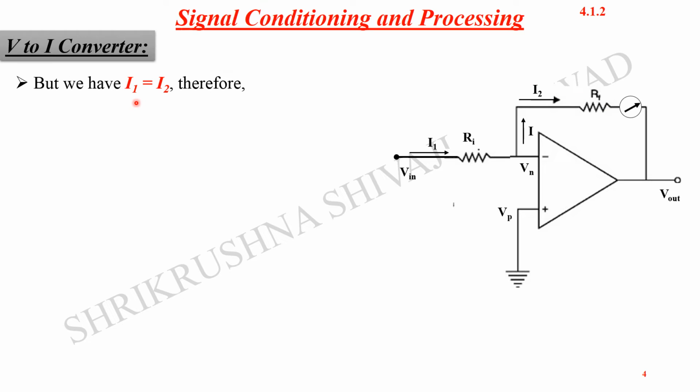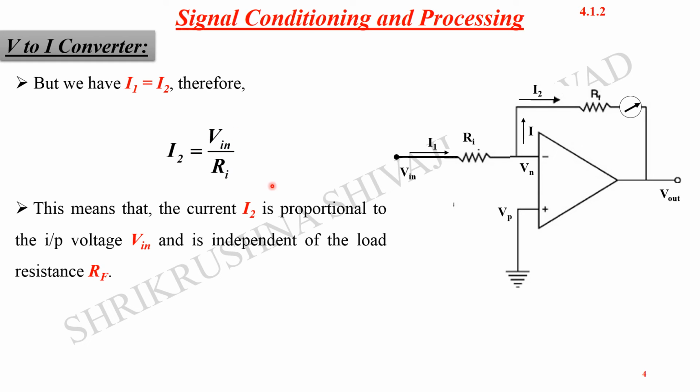So I1 is equal to I2, and this can be written as I2 is equal to VIN upon Ri. Thus, this gives us that the current I2 is proportional to the input voltage VIN and is independent of the load resistance, that is Rf, the feedback resistance we can consider over here.